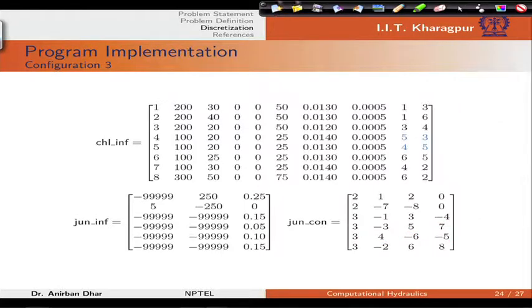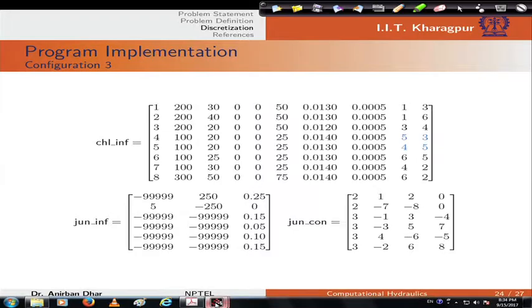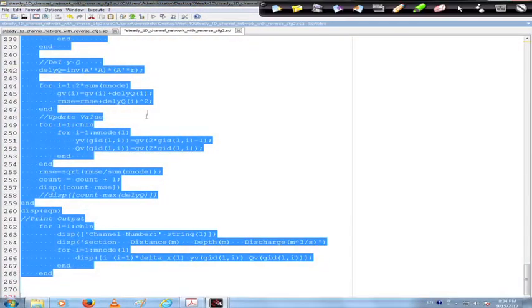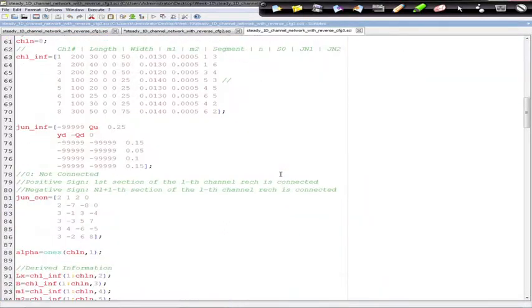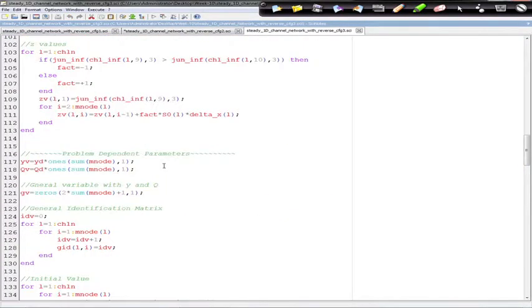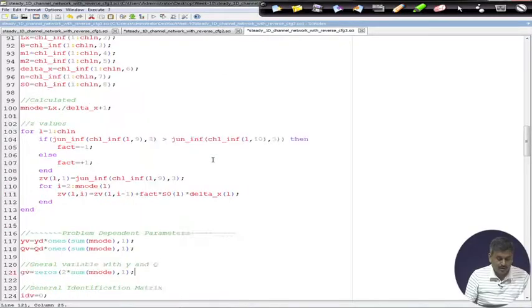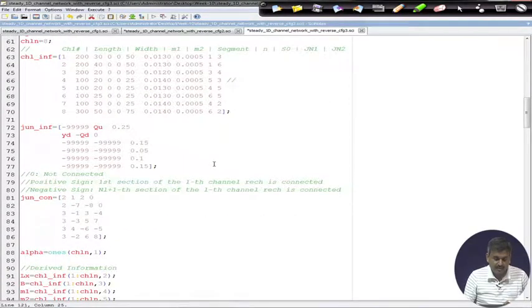Now, with this configuration, let us again utilize our program for this calculation. This is configuration CFG 3. Now, let us see what is the situation there. Now, only changes here, this is from 5 to 3 and 4 to 5.